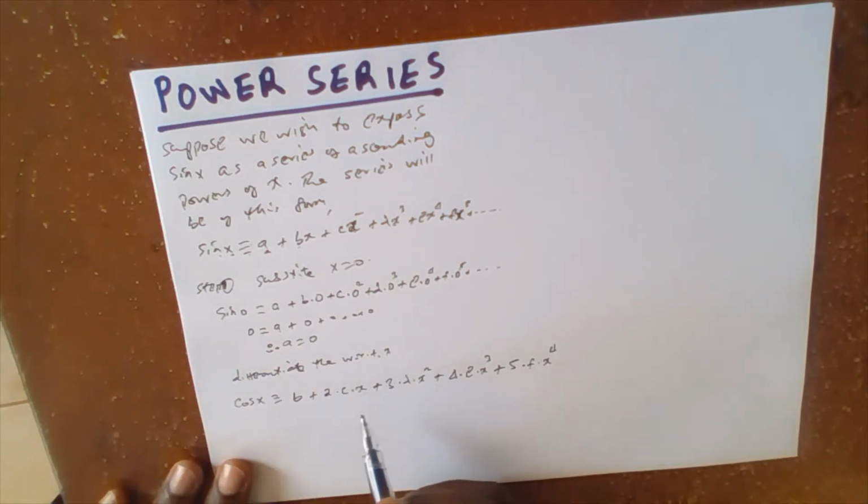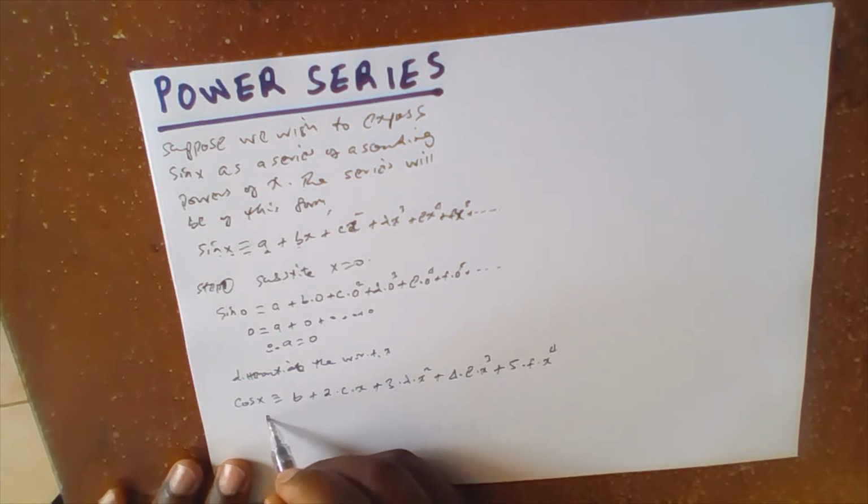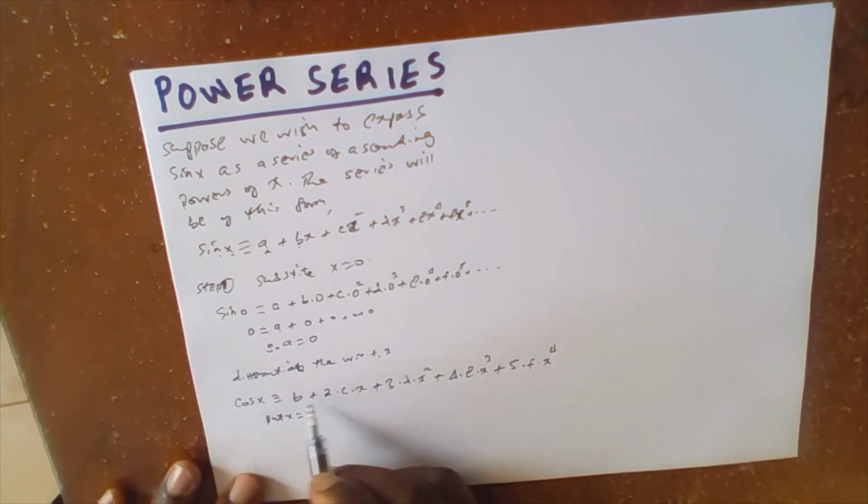Now once we differentiate, we put x equals to 0 and substitute all through.